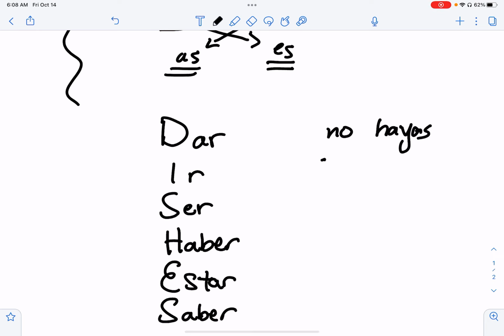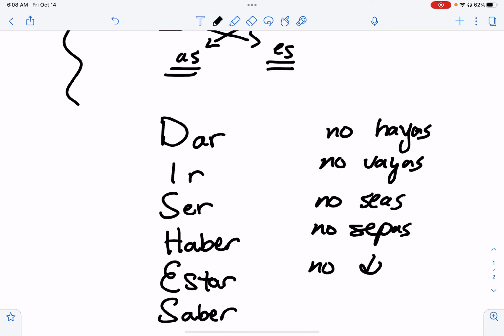No vayas, no des, no seas, no sepas, no estés. So you probably won't see is and sepas very much in a command form, but here they are in case we need to use them later for another type of tense that also uses DISHES.